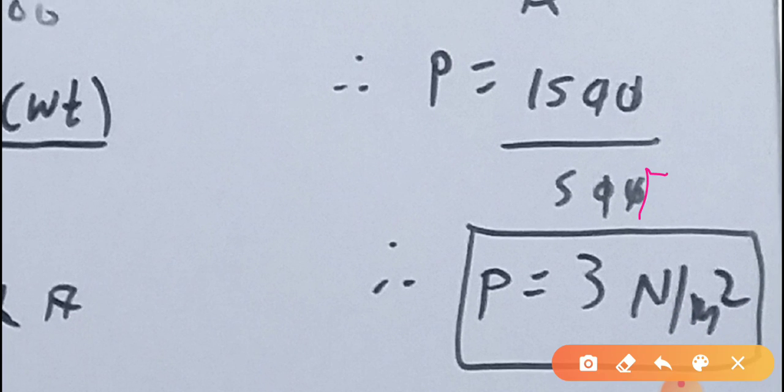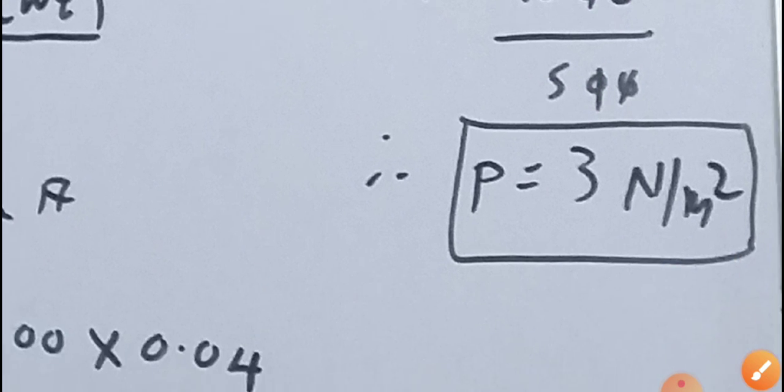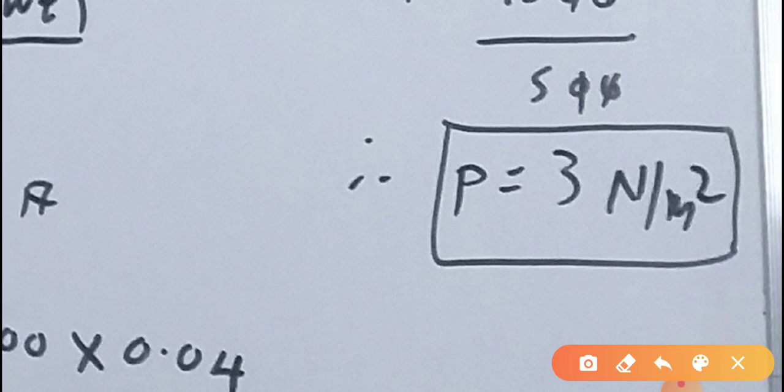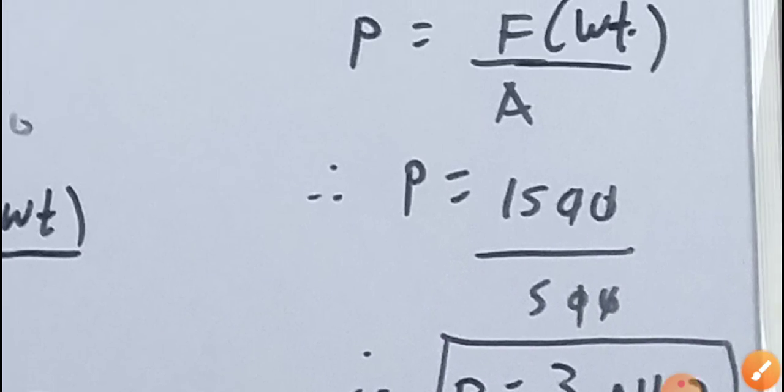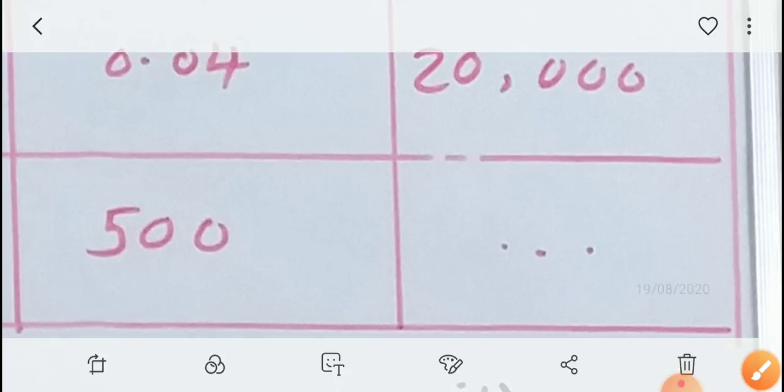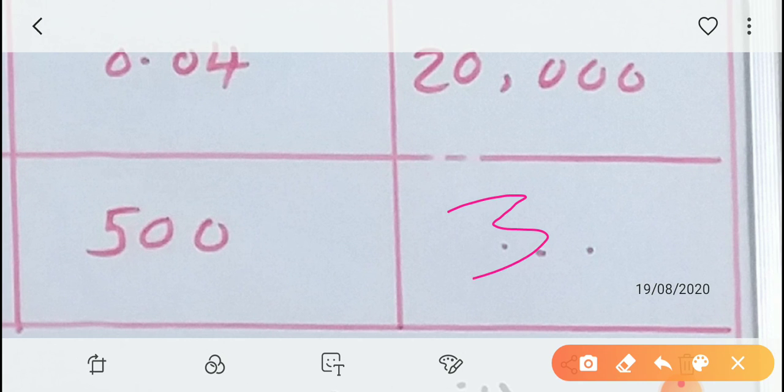This 0 and this 0 cancel, and this second 0 and this 0 cancel. So what remains? 15 upon 5. 5 ones are 5, 5 threes are 15. So 3 Newton per meter square. Therefore, pressure is equal to 3 Newton per meter square. So here it will be 3.